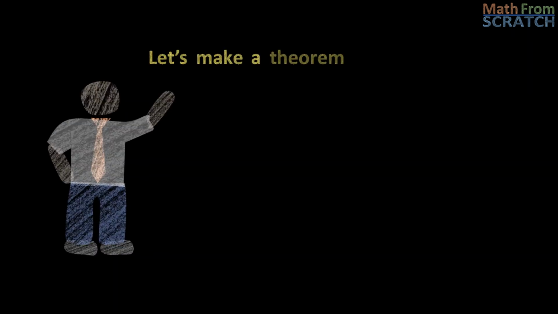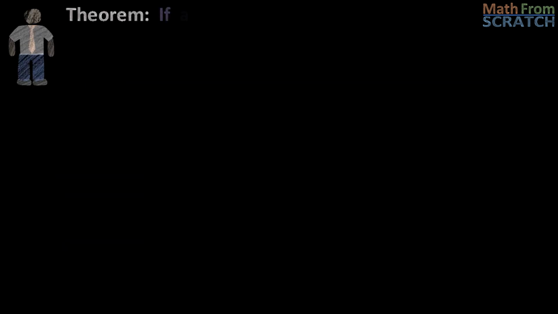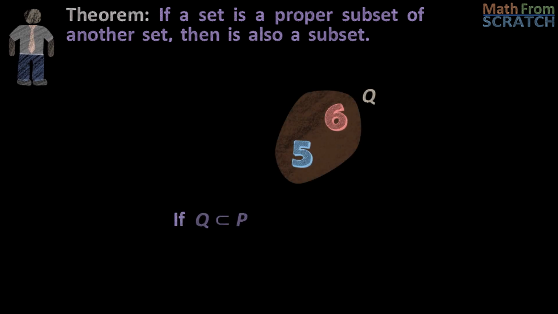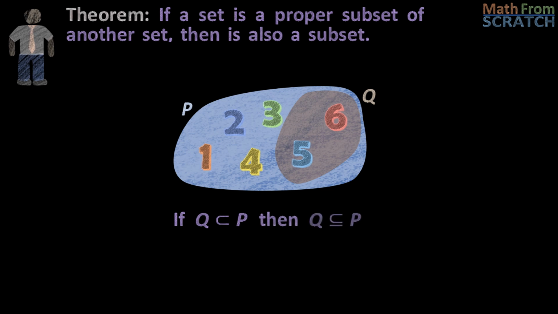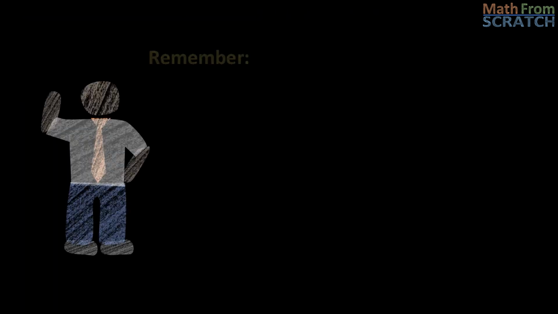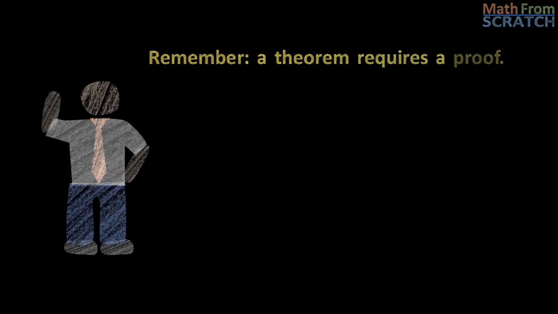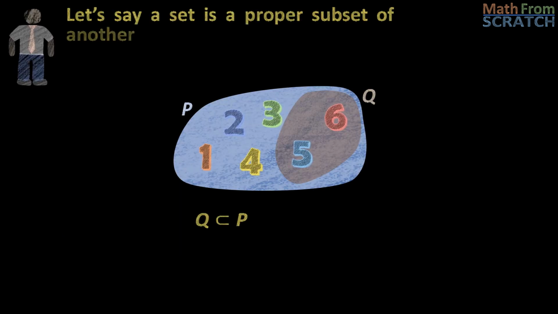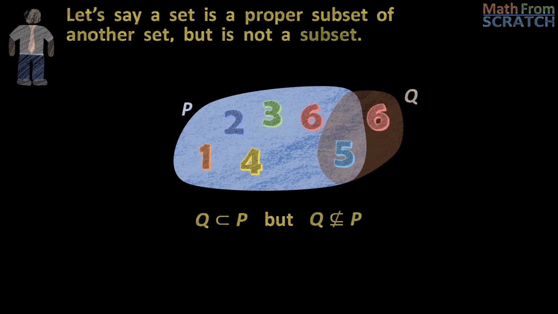Let's make a theorem out of this. If a set is a proper subset of another set, then it is also a subset. Symbolically, we say that if Q is a proper subset of P, then Q is a subset of P. Remember, a theorem requires a proof. Let's say a set is a proper subset of another set, but is not a subset.